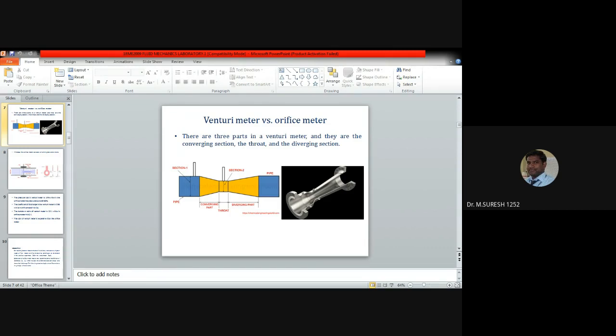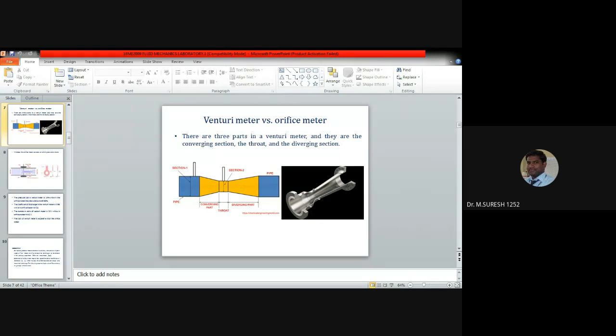Section 1 and section 2, let us assume this is a pipe. Any fluid or liquid may enter the inlet and leave through the outlet. We have to find out the flow rate or discharge. As you look at the top, there are three parts in the venturi meter.